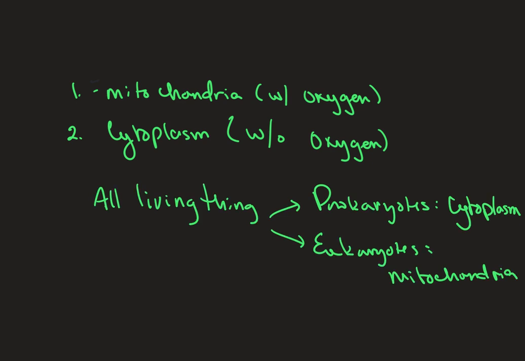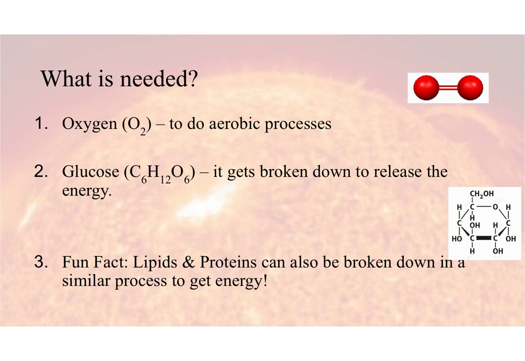All right, so let's take a look at this, okay? So what is needed? Well, we need oxygen. This is to do aerobic processes. Remember, aero means oxygen. And you need the glucose.